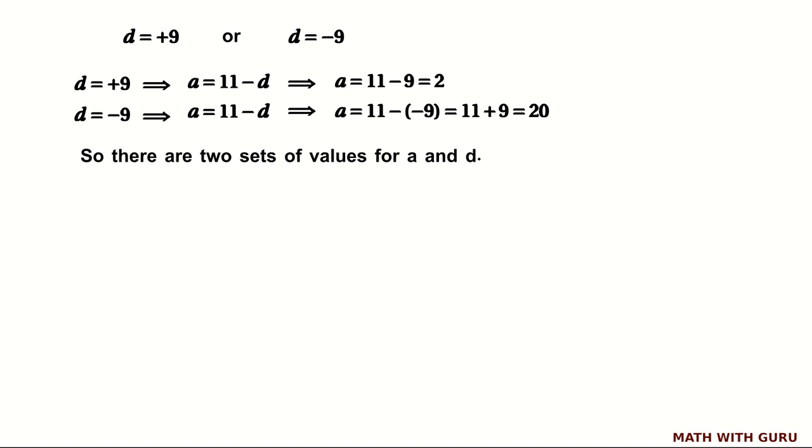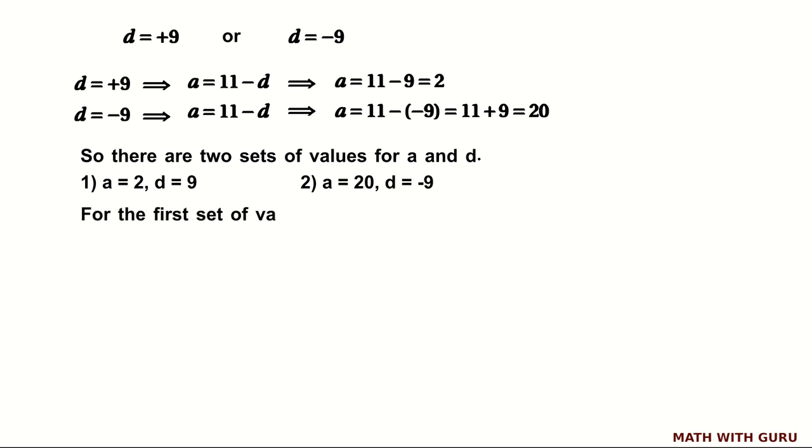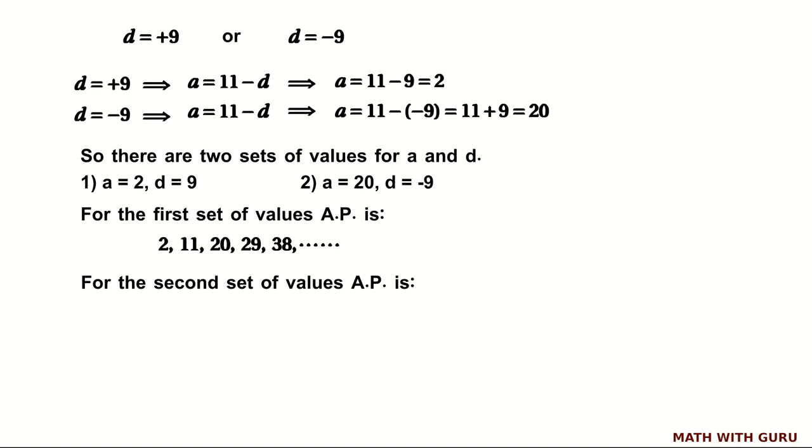So, there are 2 sets of values for A and D. A equals 2, D equals 9. Second set is A equals 20, D equals minus 9. For the first set of values, the AP's first term is 2, add 9 to it and go on adding 9 to it, you will get the succeeding terms 2, 11, 20, 29, 38, etc. For the second set of values, A is 20, D is minus 9.